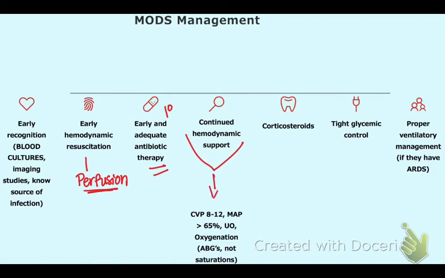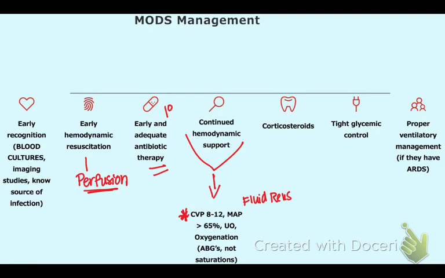They probably will have an art line so we can draw ABGs. They will also have a central line so that we can centrally monitor them and do some hemodynamic monitoring. We can monitor their CVP, because remember, with fluid resuscitation, we need their CVP up. We want to pump them up, basically.